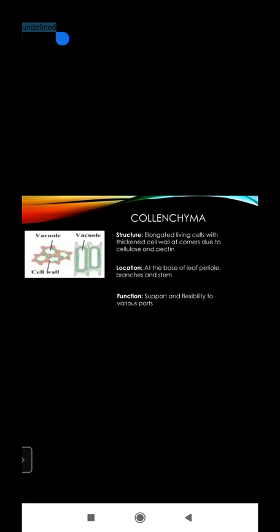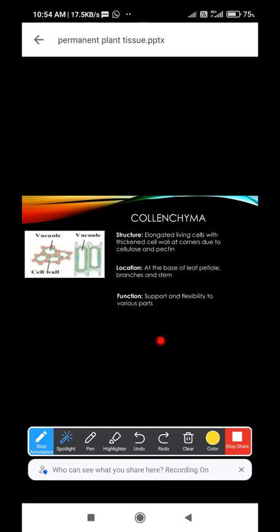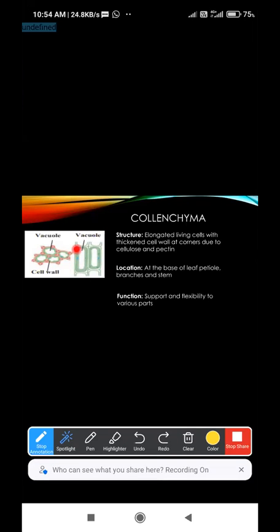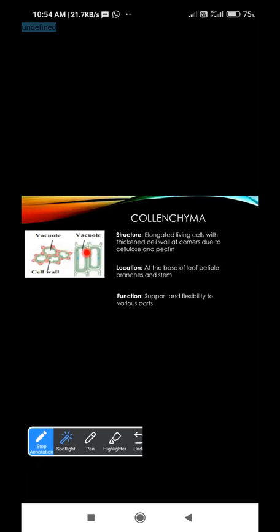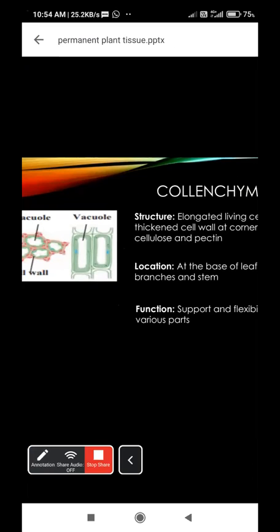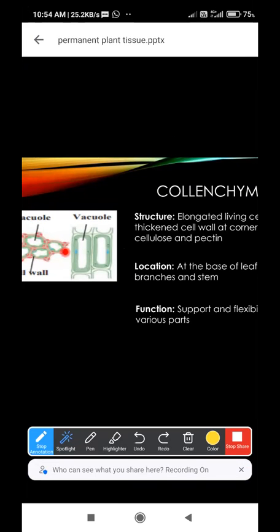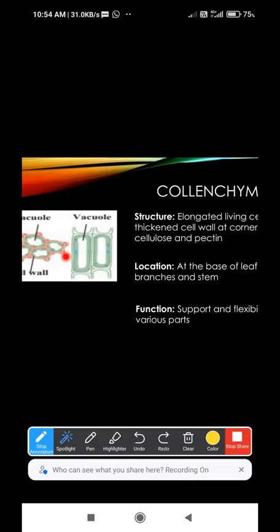Talking about the second type of tissue, that is collenchyma. Collenchyma has elongated cells, as you can see in this picture. The cells are elongated with thick walls. Observe this picture carefully. The walls of the tissue are thicker as compared to the parenchyma cell.